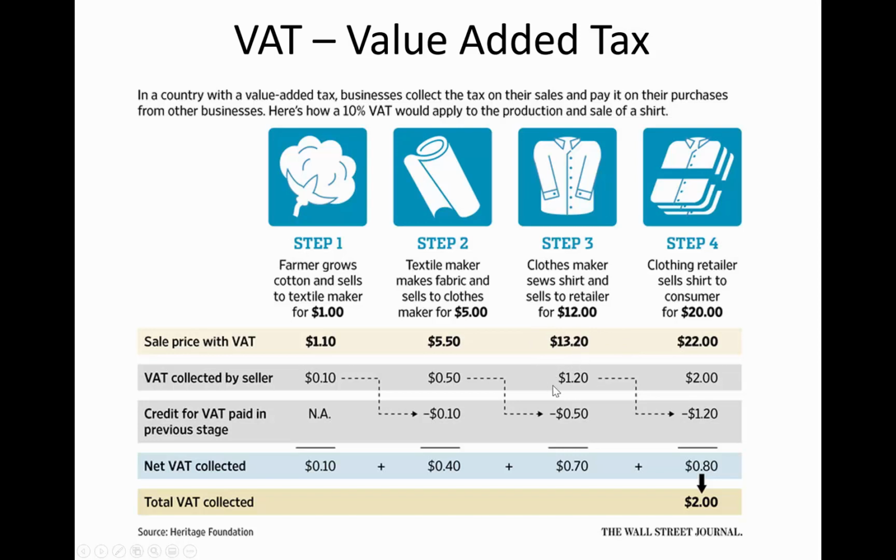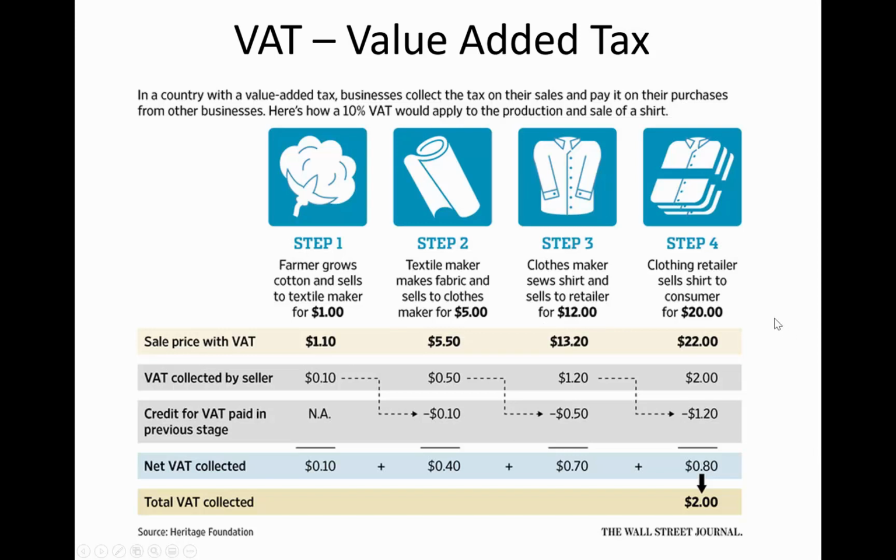And so $1.20 is how much tax that they collected, but they previously had paid 50 cents, and so they get to keep that and only have to pay the government the 70 cents, which includes the added value between the previous $5 and the new $12. And so they added $7 worth of value in their step.